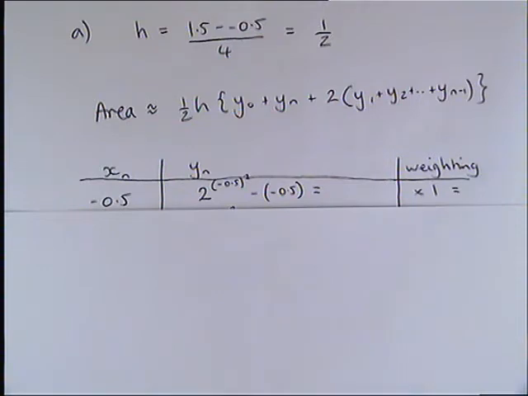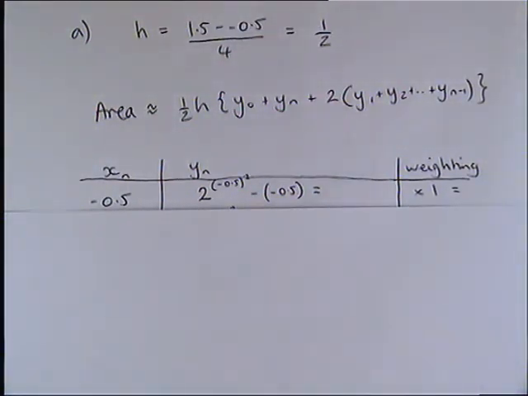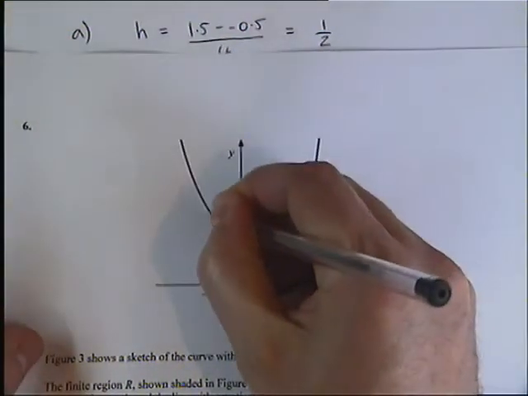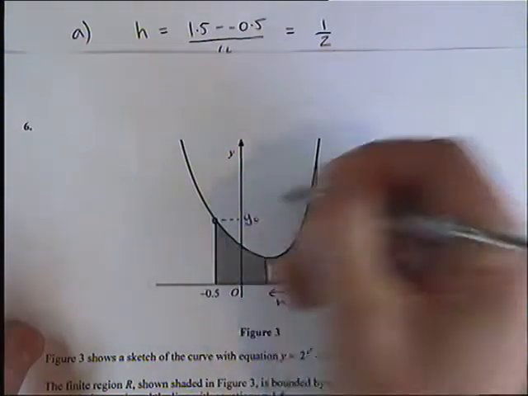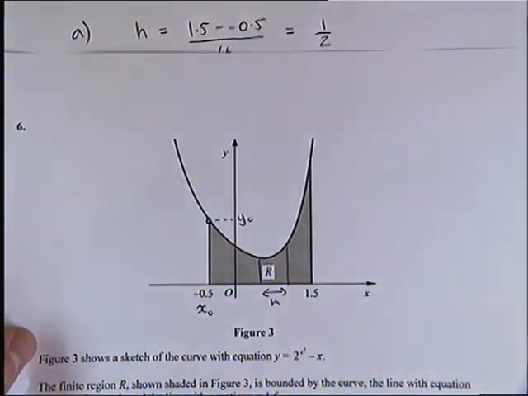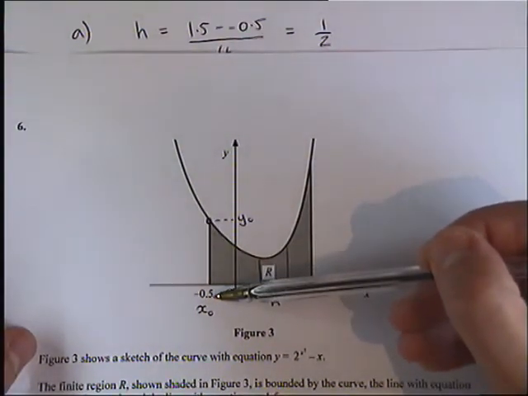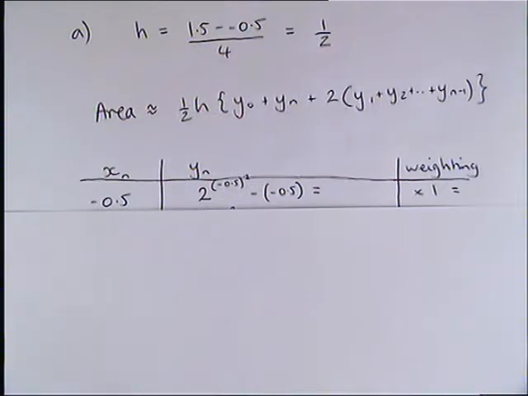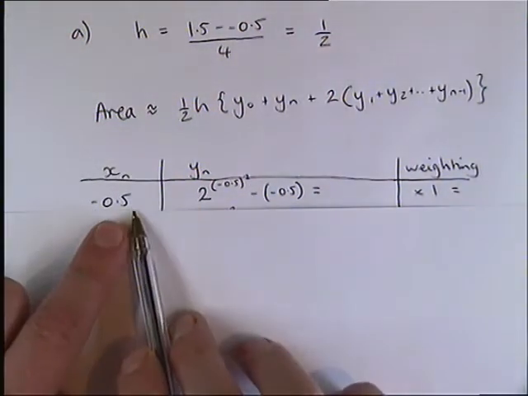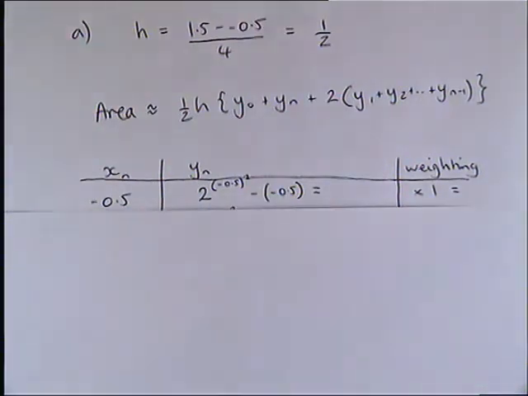So we're just going to start off with this first row. Remember, what we are doing here is finding the y coordinate that goes with the first x coordinate. To find that y coordinate, I need to substitute minus 0.5 into my equation. So here's my minus 0.5, and here's me substituting it into the formula I've been given.